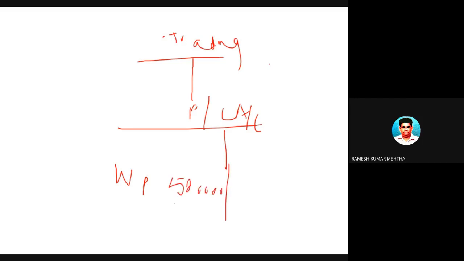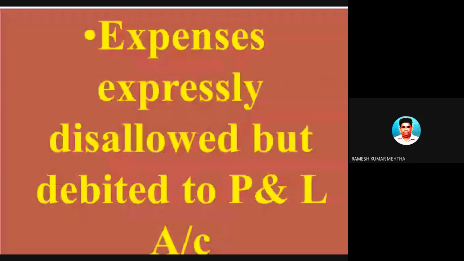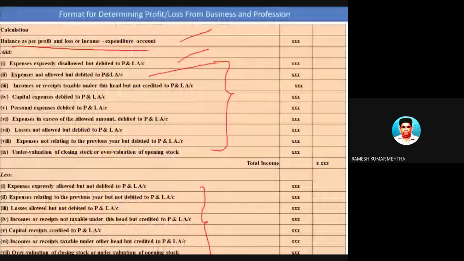There may be some elements of expenses and incomes which have to be reconsidered before we finalize the net profit. So we have to make some adjustments, like we have to add some items, we have to deduct some items. That is what is there in this particular format which will be used for determining the profit and loss, or gains or profits from business or profession.